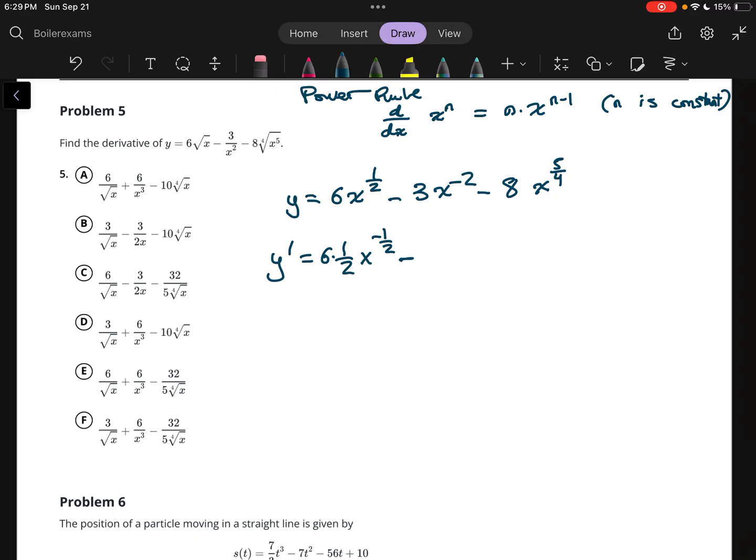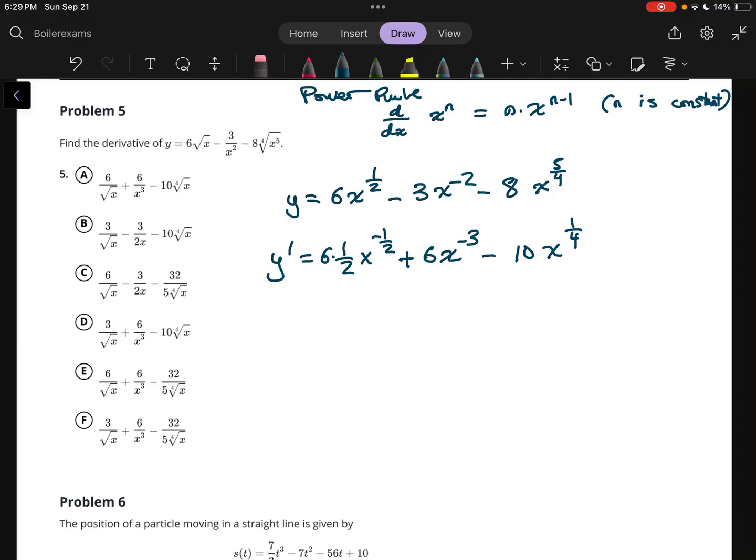The derivative of -3 times x to the power of -2 would be 6 times x to the power of -3. And for our last part, the derivative of 8 times x to the power of 5/4 would be 8 times 5/4, which equals 10 times x to the power of 1/4.